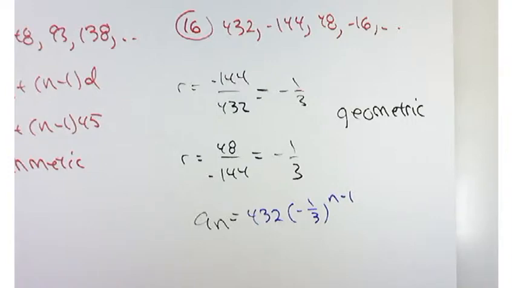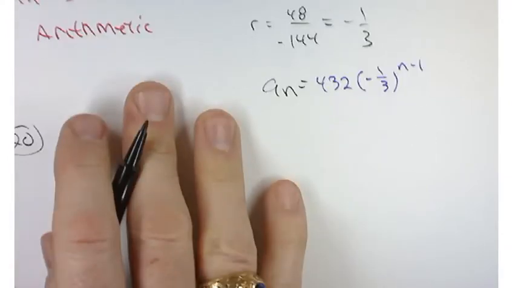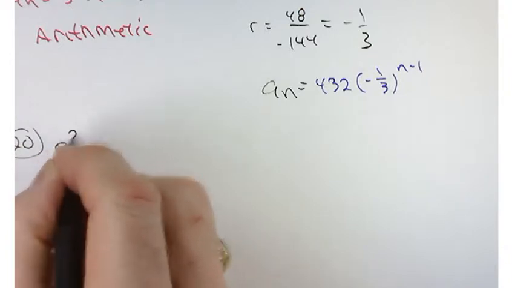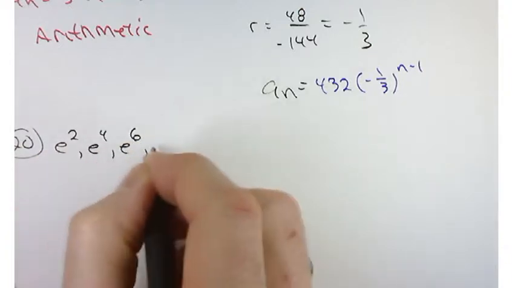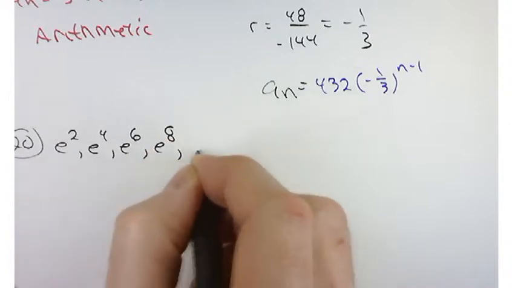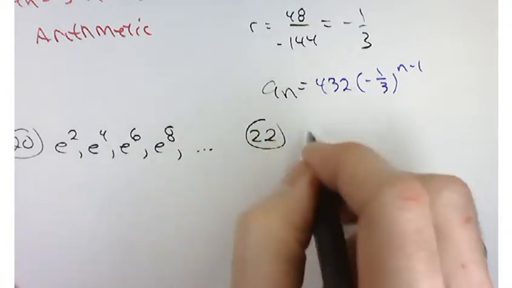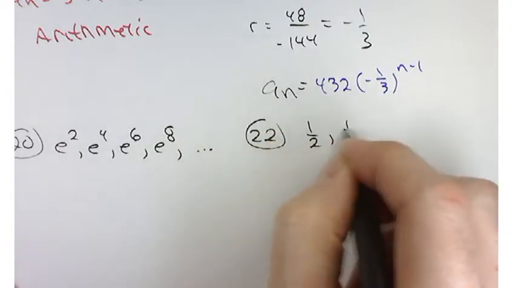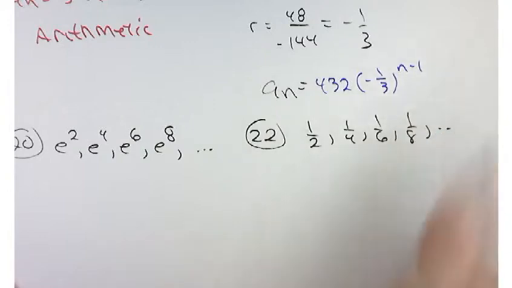Let me give you a couple more like that to think about. Problem number 20: e squared, e to the 4th, e to the 6th, e to the 8th. And 22: 1/2, 1/4, 1/6, 1/8.